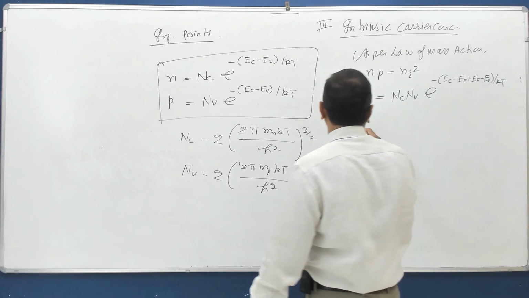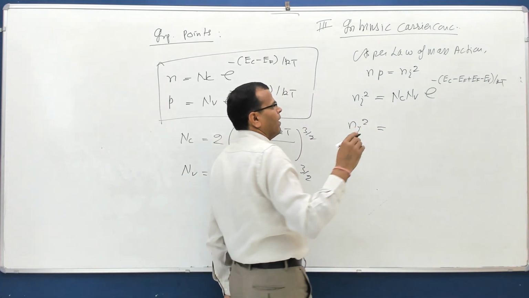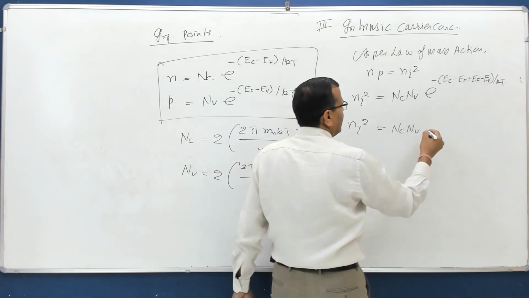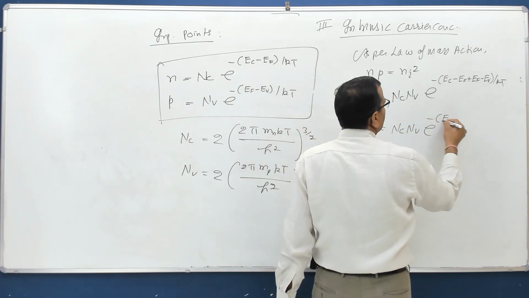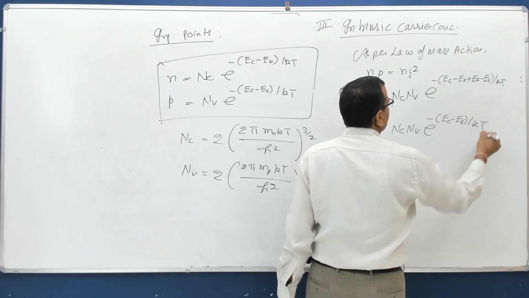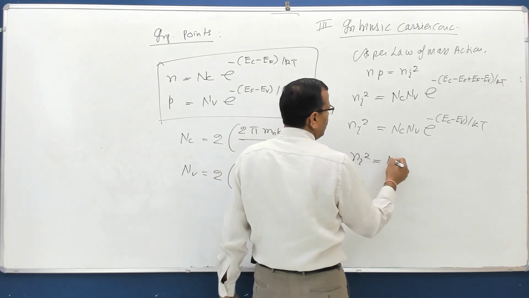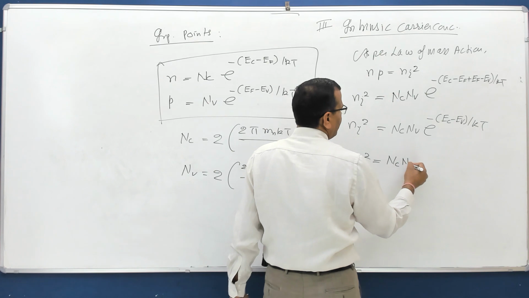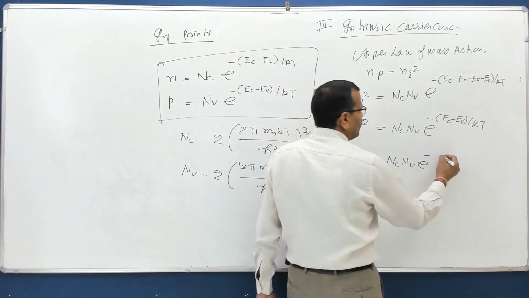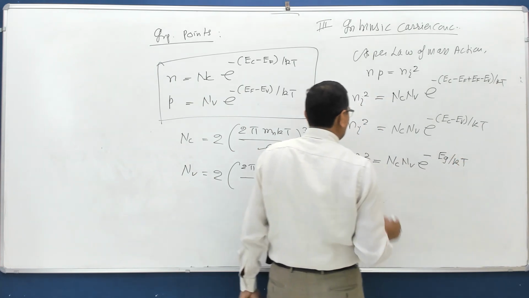So this gives Ni square is equal to Nc Nv e raised to power minus (Ec minus Ev) by kT, where Ec minus Ev is the band gap of the semiconductor.